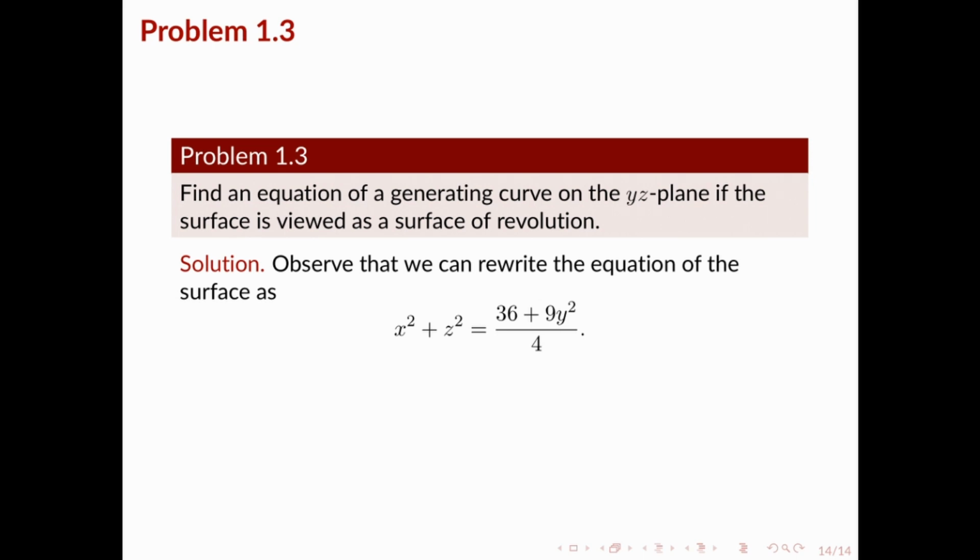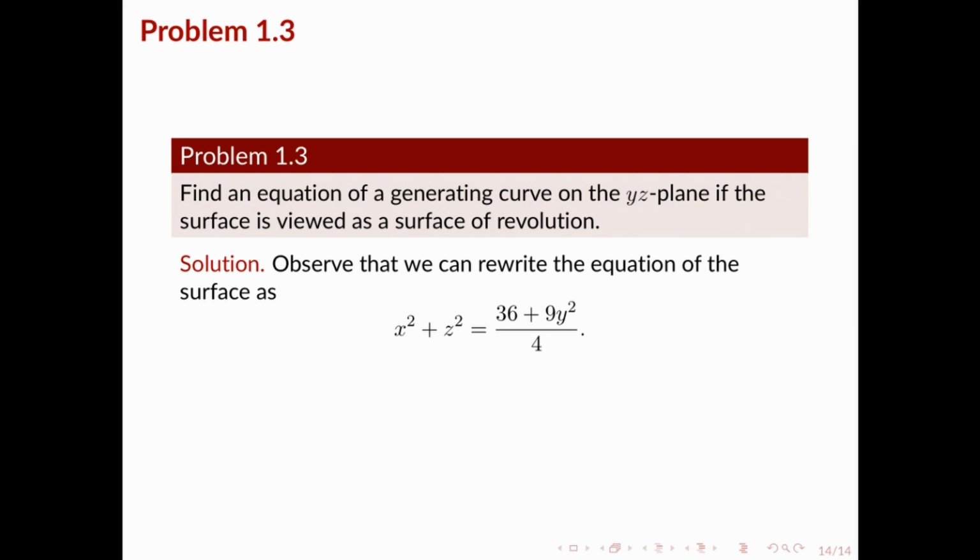We move the y squared term over to the right side by adding 9y squared to both sides, giving us 4x squared plus 4z squared equals 36 plus 9y squared. Okay, now we have the x squared and z squared terms on the left side, and then we have a function in terms of y on the right side. Note that the function is in terms of y only.